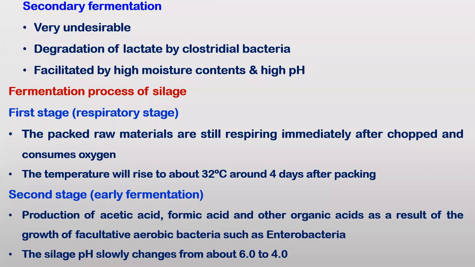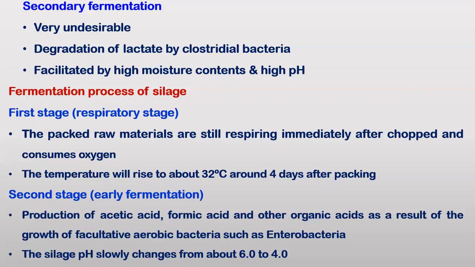So there may be a chance of infections in the animal when this kind of bacteria grow in the silage. That is facilitated by high moisture content. When high moisture content feed is used in preparation of the silage, the pH of that silage material will be high, and then there is a chance of growth of the Clostridia species.